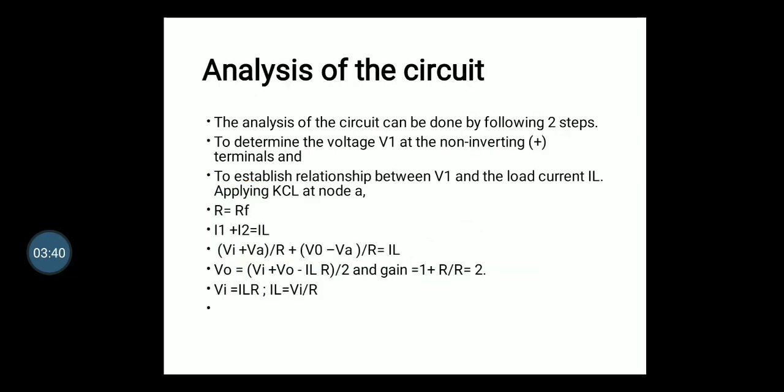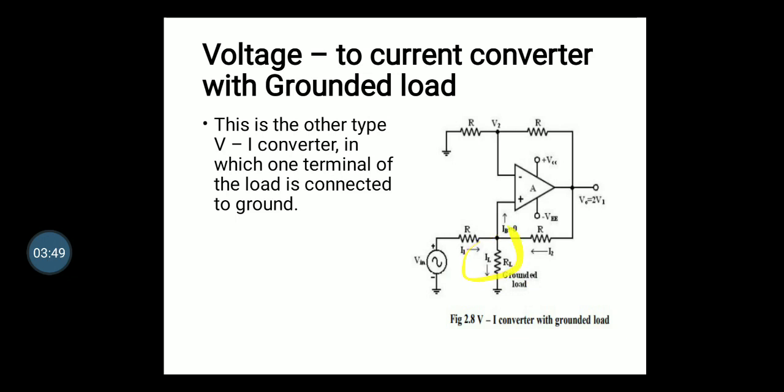Analysis of the circuit. Since we may take this node as having a voltage V, therefore V is equal to IL into RL. So IL is equal to VI by R1.